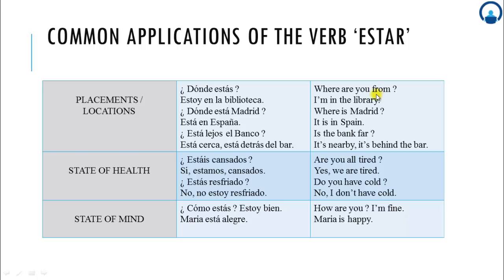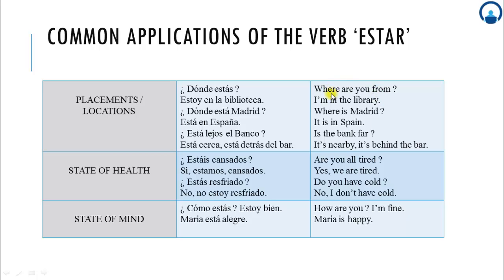So it resembles a fixed state. So by seeing that verb ser, that is eres, de dónde eres, I must come to know that the question is asking me about a fixed state. De dónde eres means the person is asking me about my place of origin.